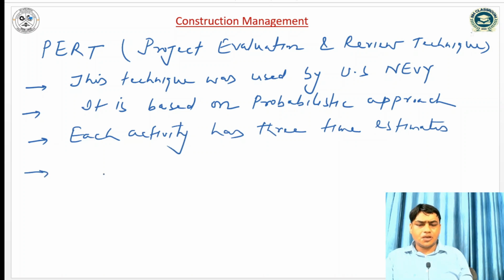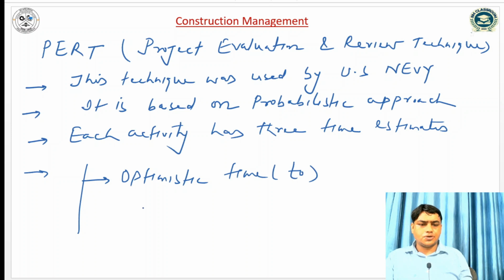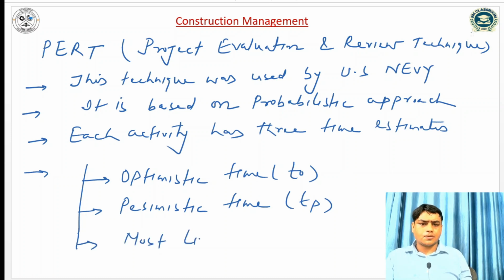And what are these 3 times? The 3 time estimates are, first, optimistic time, denoted T0, pessimistic time, TP, and the third one is most likely time, TL.